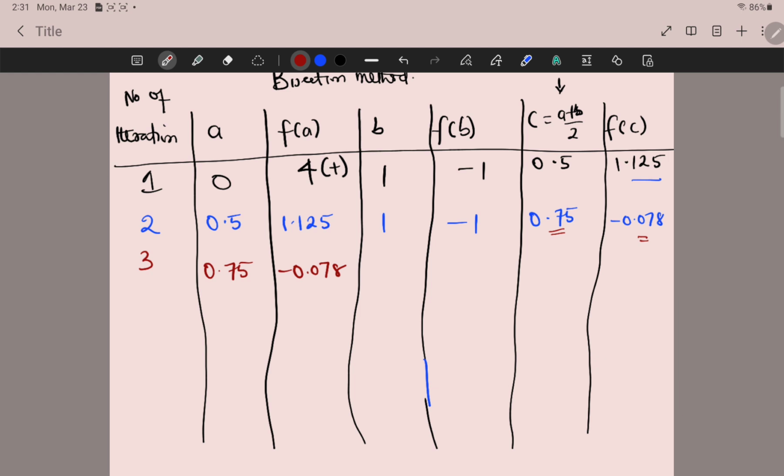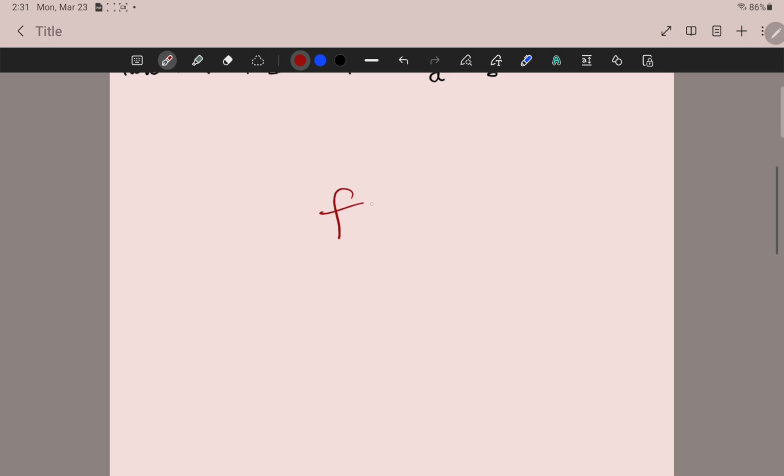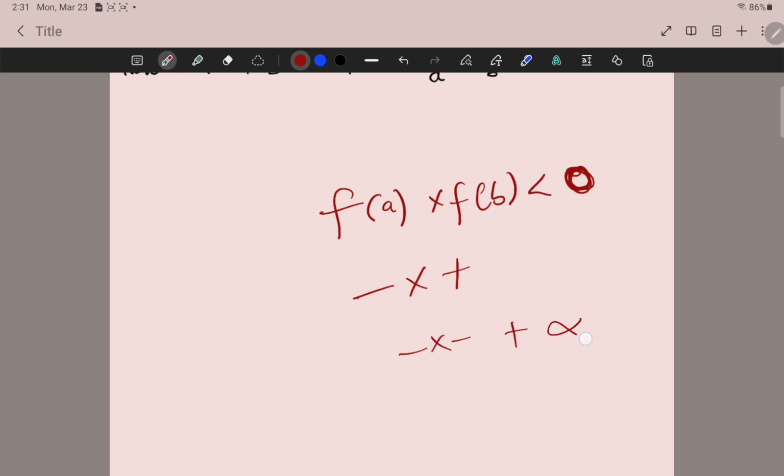So what will be your B? If this person was negative, you need to marry, because Descartes' law, let's not forget, says f of a, when multiplied by f of b, must be less than 0. So we need one negative and one positive. Because minus times minus is a plus, so that's wrong. Plus times plus is a plus, so that's wrong.